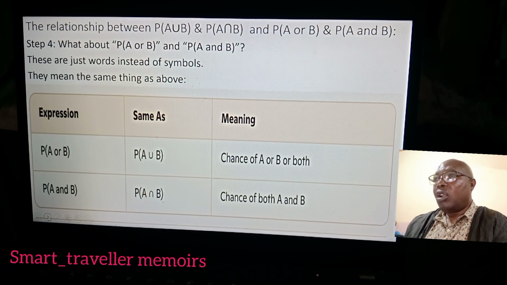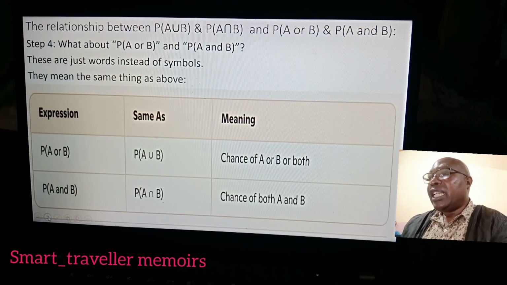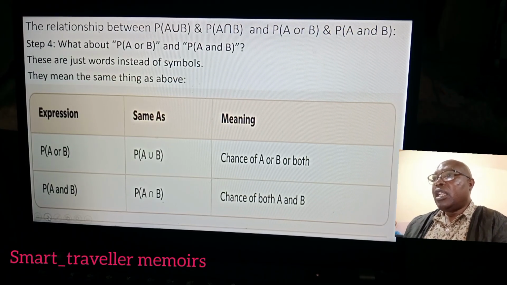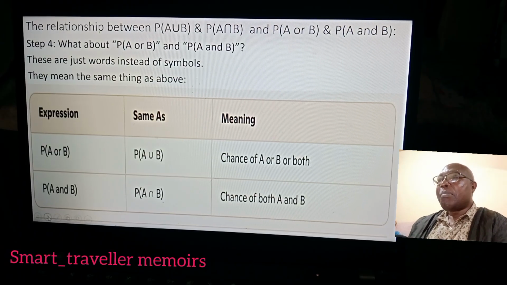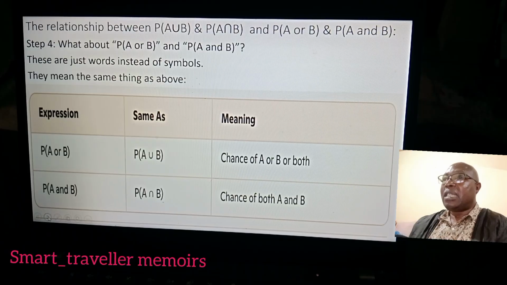So the word "or" is replaced by the symbol for union, A union B, and the word "and" is used instead of intersection, meaning A intersection B. So these are just words instead of symbols. They mean the same as above. So whatever we have described above is the same.